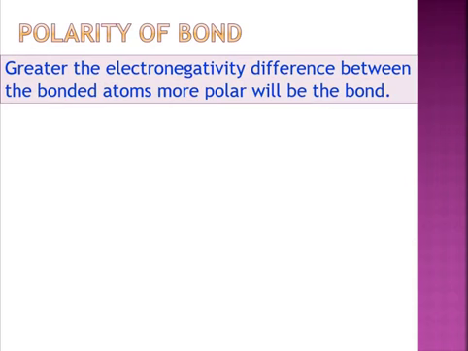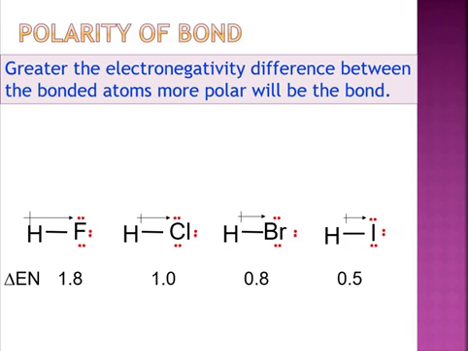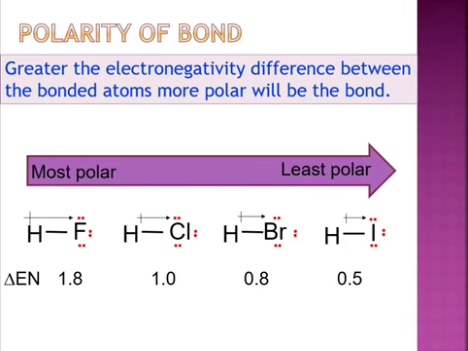Students, the greater the electronegativity difference between the bonded atoms, the more polar the bond will be. For example, in the case of hydrogen halides, hydrogen fluoride, hydrogen chloride, hydrogen bromide and hydrogen iodide, the electronegativity differences are 1.8, 1, 0.8 and 0.5. This means the trend is from most polar to least polar.